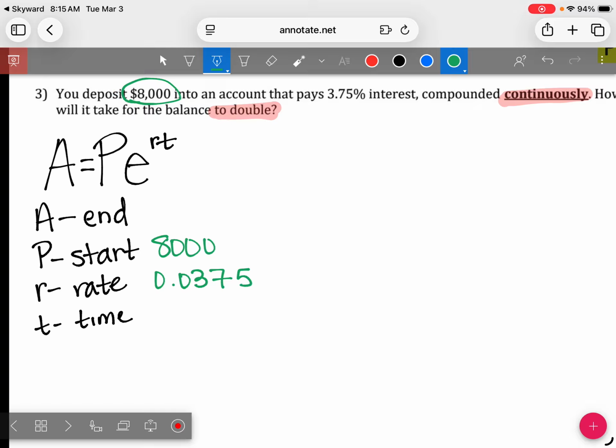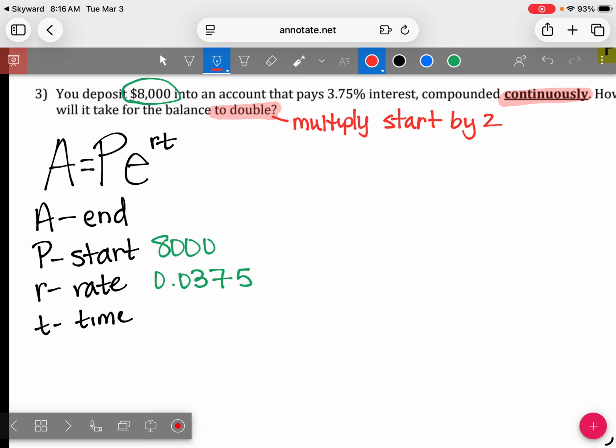How long will it take it to double? So when you double, that means you're multiplying by 2, right? Multiply start by 2. So if I started with $8,000 and I want to double it, what would my ending amount be?